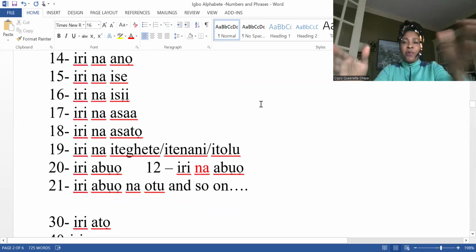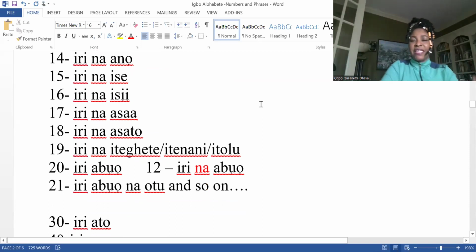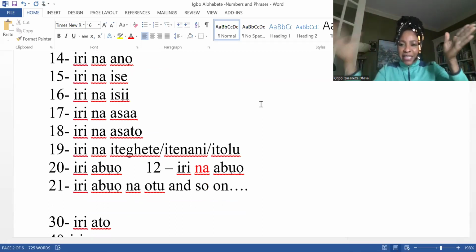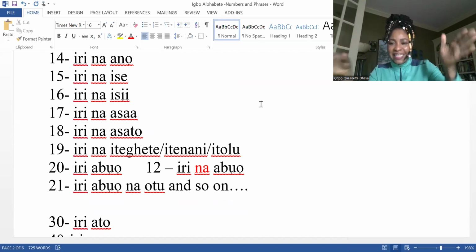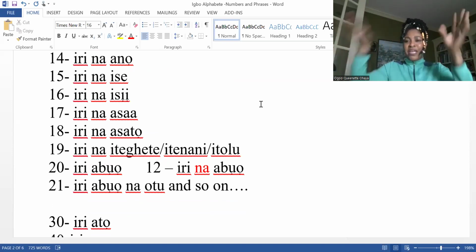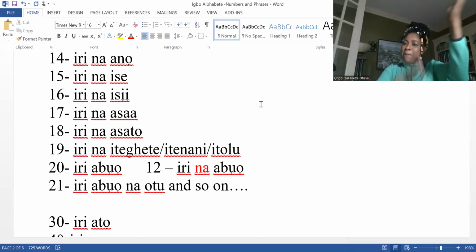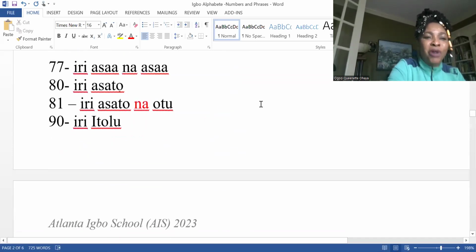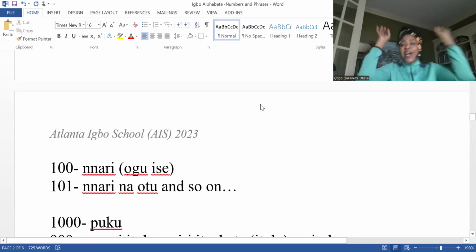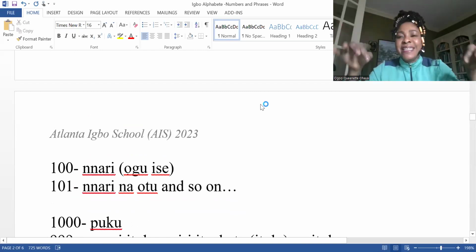When you count all the way to 90, which is iri itoolu, now you start plugging in 1 to 9 again. Iri itoolu na otu, iri itoolu na abụọ, iri itoolu na atọ, iri itoolu na isii. The same pattern. Now until you get to what? 100. 100, it changes.